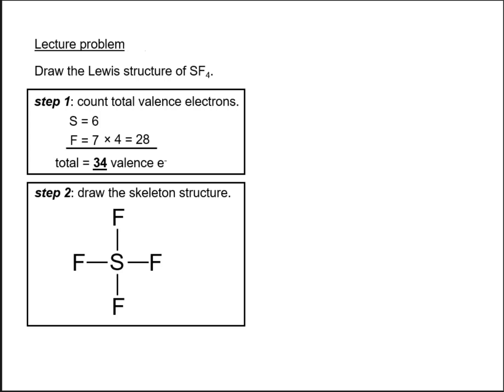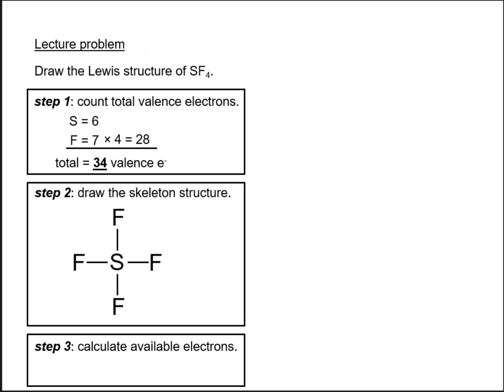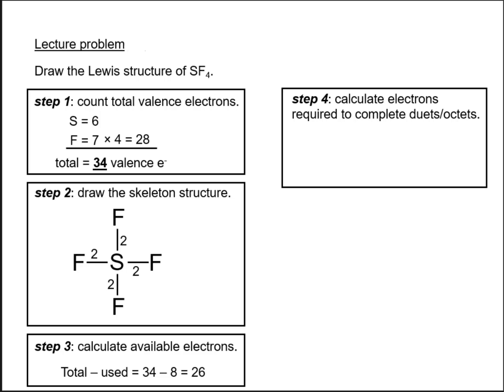Now, since we're using electrons to make this a skeleton, we have to subtract those electrons from the initial 34 electrons that we had available. So now, after making the skeleton, we only have 26 electrons available. Now, in step 4, we're going to look at our skeleton from step 2 and see how many electrons we need in order to complete the octet of sulfur and each fluorine.